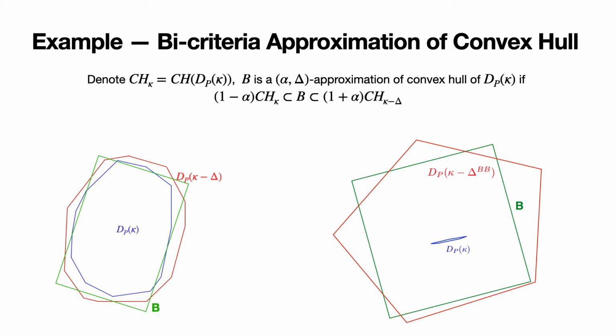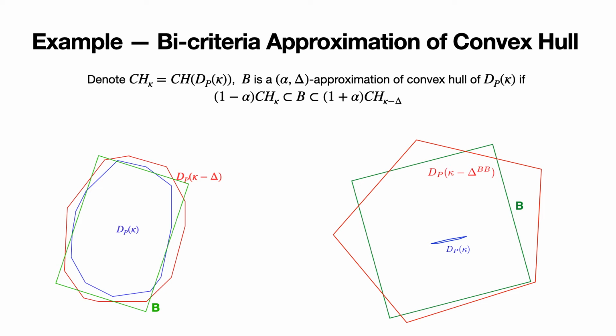Here's an example of a bicriterial approximation of the convex hull of the kappa Tukey region. On the left side, the kappa Tukey region and the kappa minus delta Tukey region are quite similar. So the bicriterial approximation B is a good approximation of the convex hull of the kappa Tukey region.